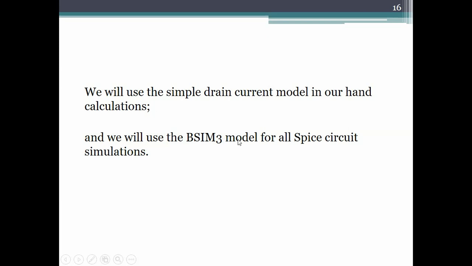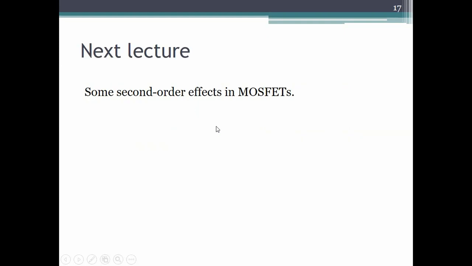We'll discuss in brief how to correlate these two models as we go along. So that is the end of this lecture. In the next lecture we'll plot some IV characteristics of MOSFETs.